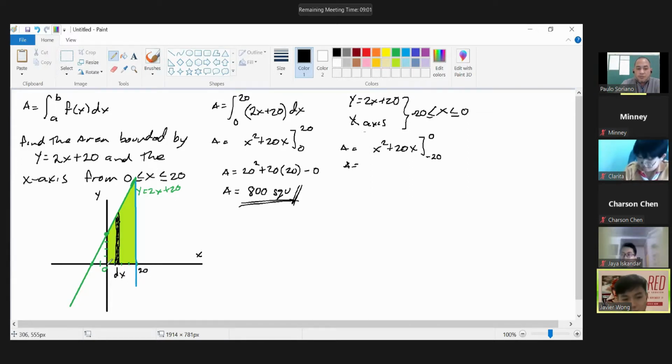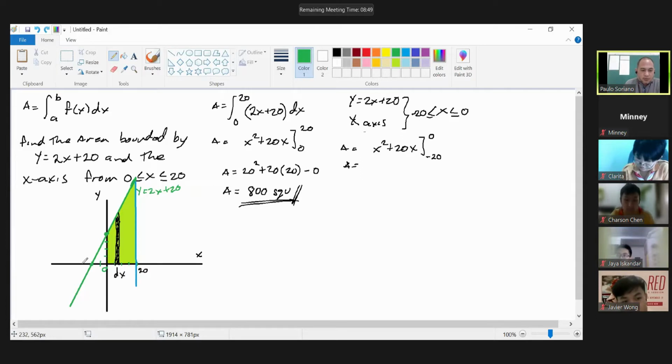That is now 5, 10, 15, 20. So the limit now is from this side going to here. Let's label that in pink. So it will be from here until 0.